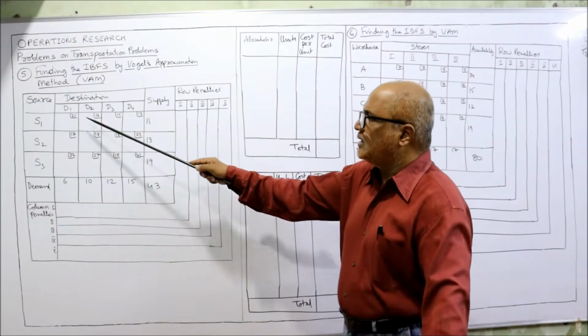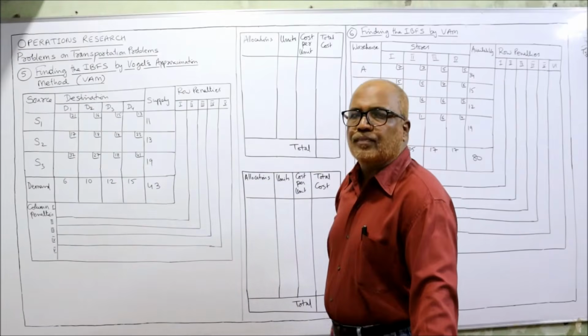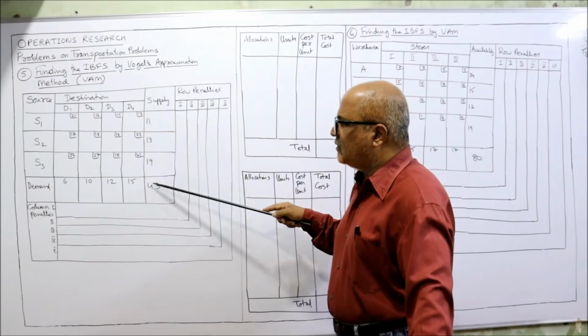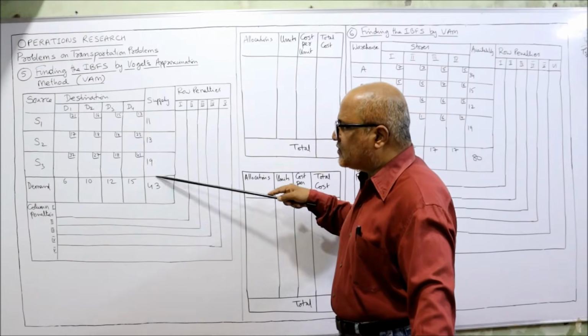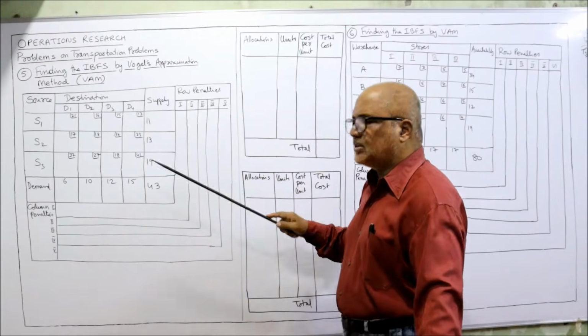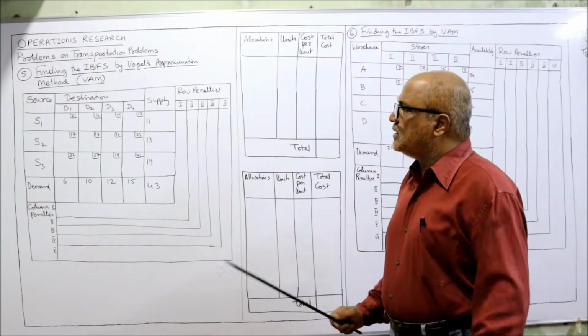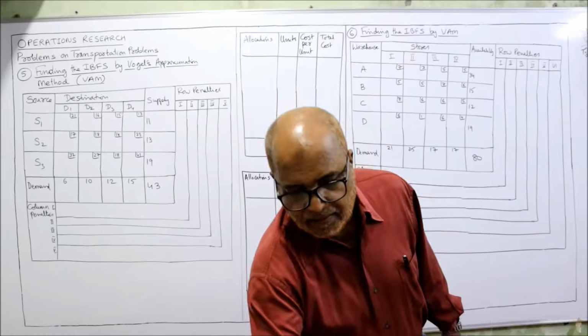So only on the right corner, I'm taking the values, right? The total supply 11, 13, 19, total is 43. The total of supply and total of demand is 43. Balanced problem.